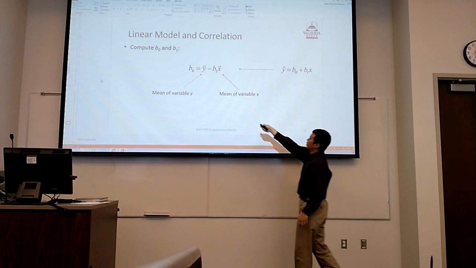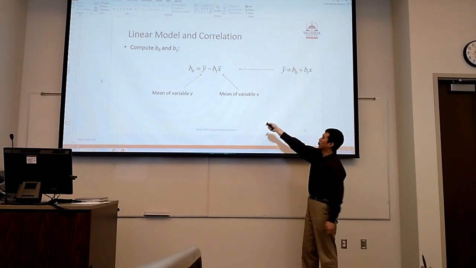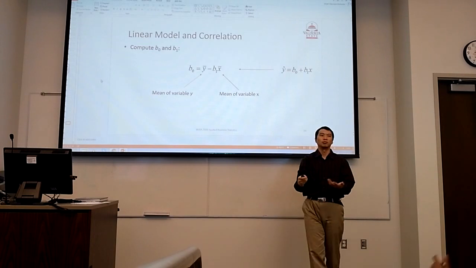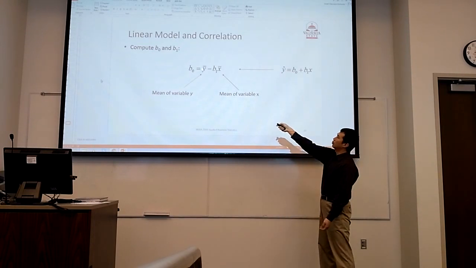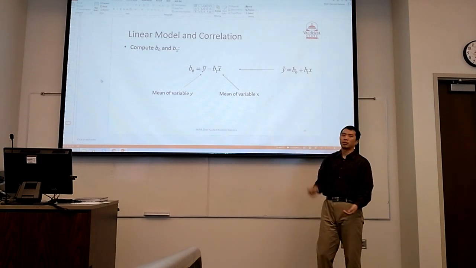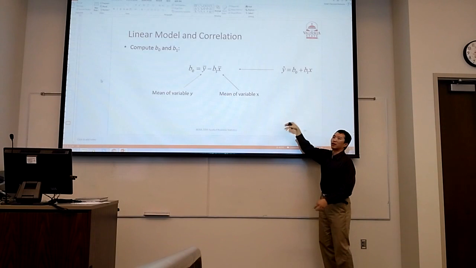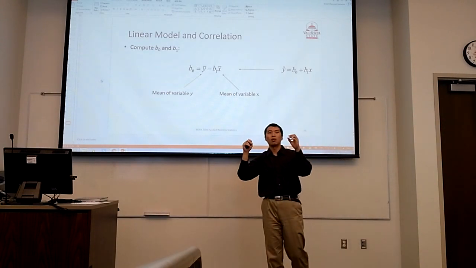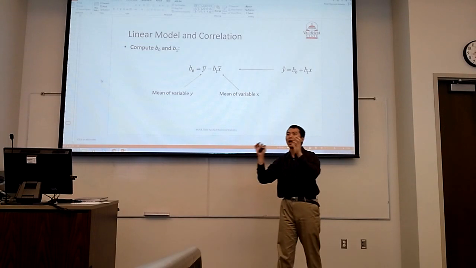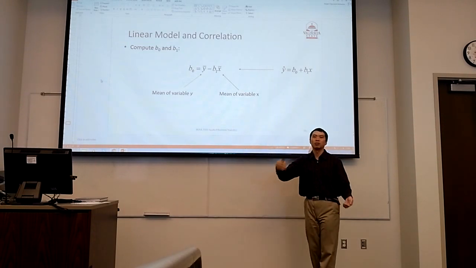From the last slide, we already know how to calculate b1, so we assume we know b1, and y bar and x bar. Those are the mean values from the scatter plot. We have all the y values and all the x values, so we can do some calculation to find the mean value for y and the mean value for x.